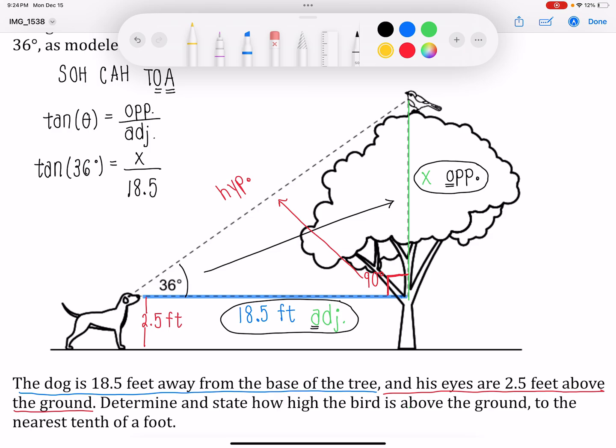Now, before you pick up the calculator, you want to cross multiply first. So I will show the butterfly method here. And 1 times x is x, and we have equals 18.5 times tangent of 36 degrees. And so we're going to plug that into the calculator, and we're going to end up getting, 1 second as I do this calculation.